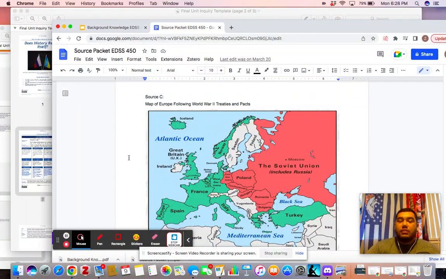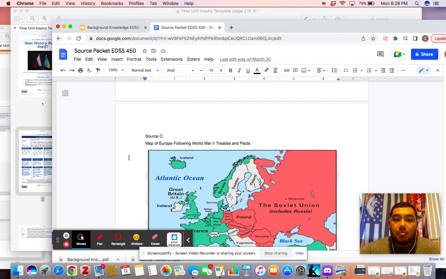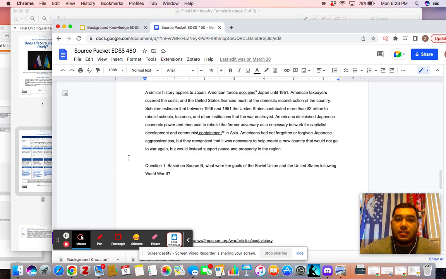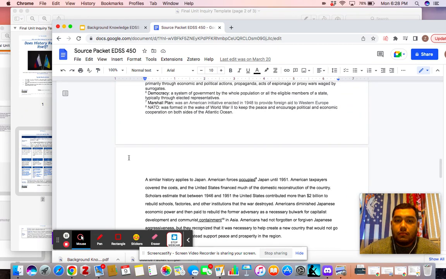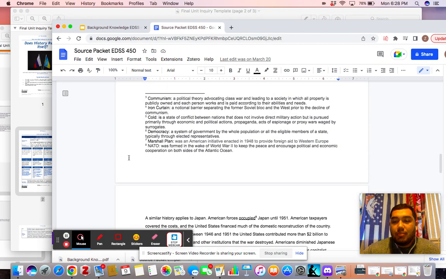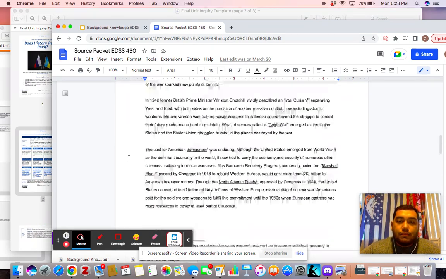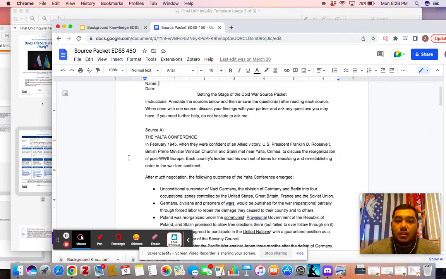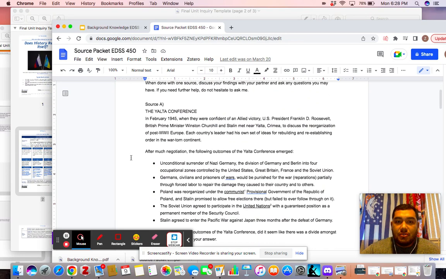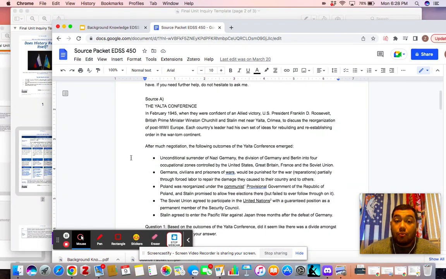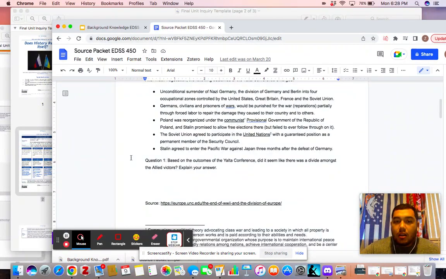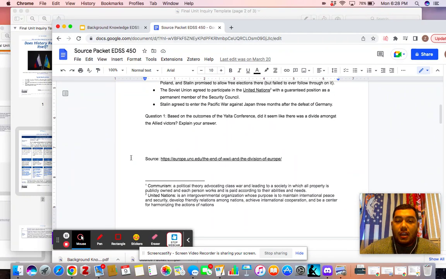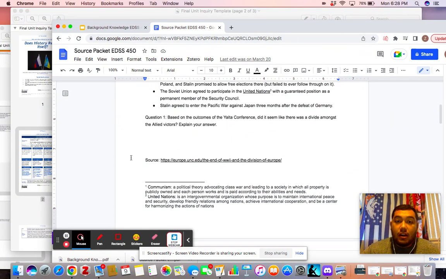The literacy strategy that I want to talk about with these sources is pairing, or grouping in specific pairs. This reading isn't too difficult, but since it is dealing with some new background information, I want the students to work in pairs, meaning they'll read each source individually, and then after they're done reading, they will share what they found with a partner as well as answer the question.